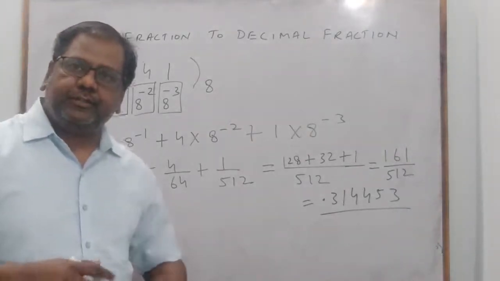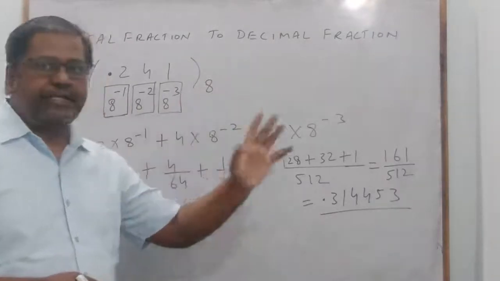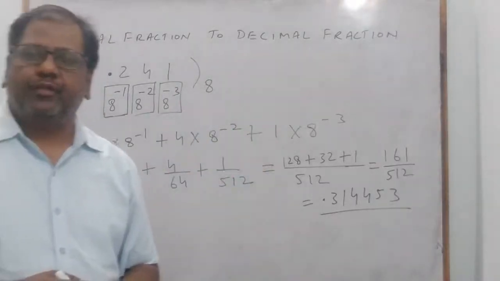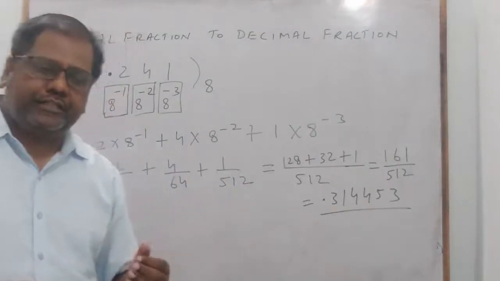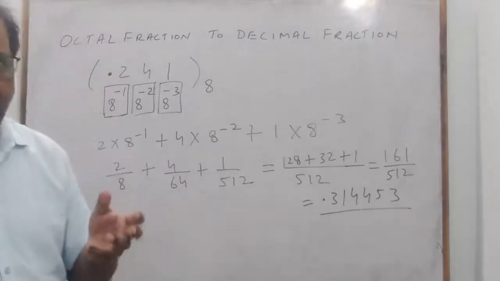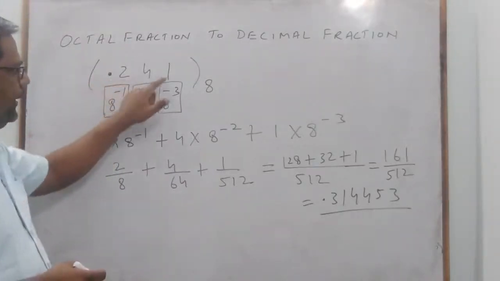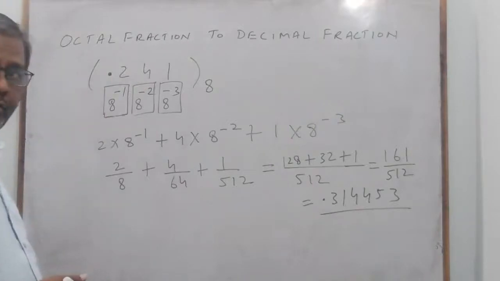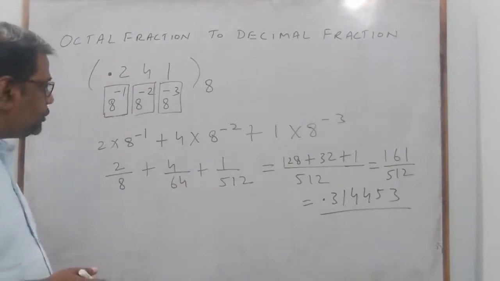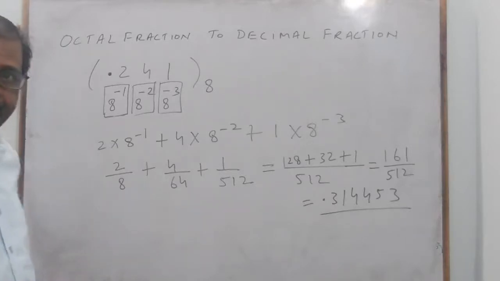Now in the next part we have to discuss octal fraction to decimal fraction. So when we are discussing octal fraction to decimal fraction, we will be given an octal number. So I am giving you 0.241. The value is to the base of 8.